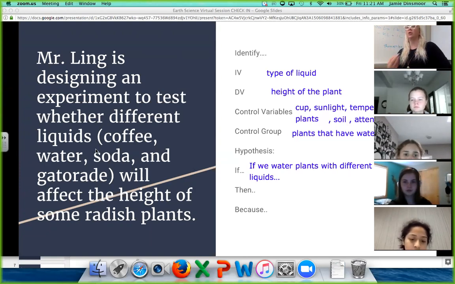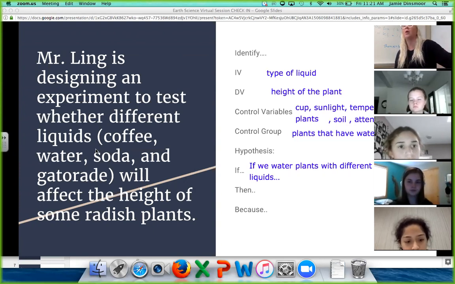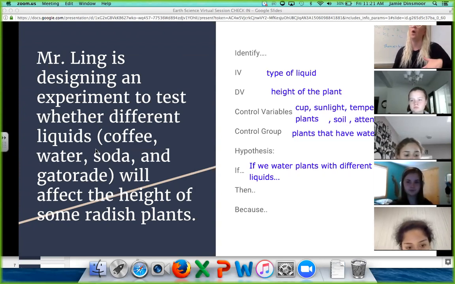Because then when you look at your data and you look at your results, you really need to be thinking, okay, well, I said soda would be the shortest. Is soda the shortest? Yes, it is. Okay, my hypothesis is supported. If you say some of them will be shorter, well, I mean, which ones, right? You need to be specific here about exactly which liquid you are talking about, okay?